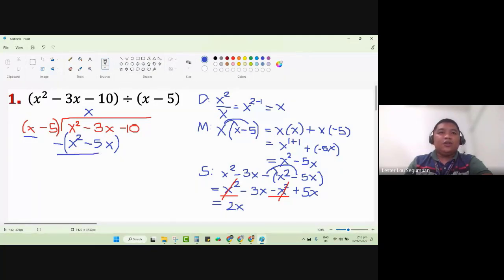This result will be placed here, 2x for your first difference. This is your first quotient. This was your first product. This was your first difference using subtraction. And the last step is to simply bring down this term here.